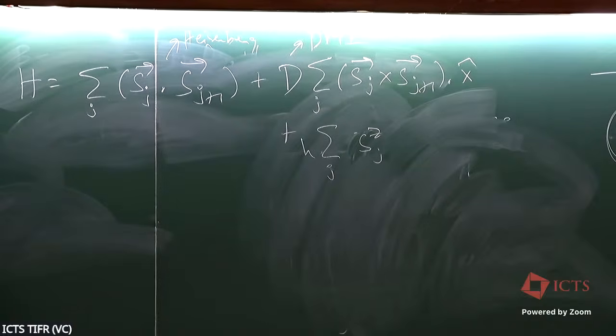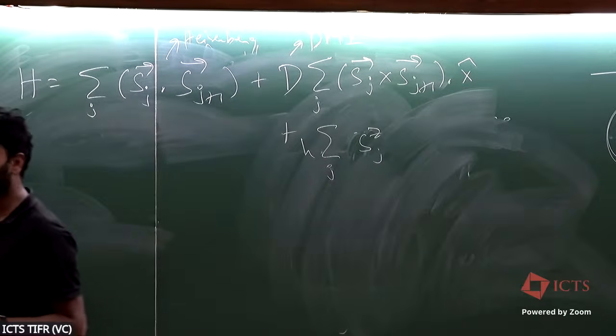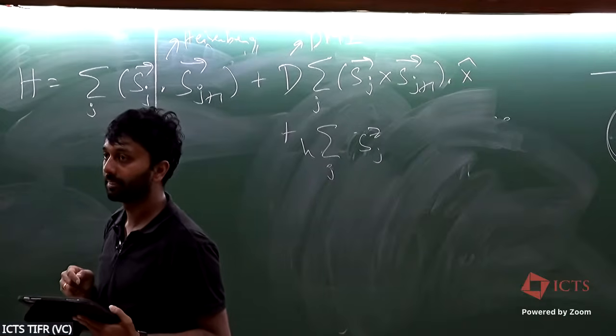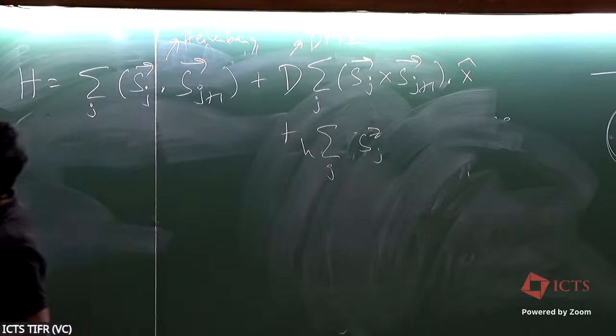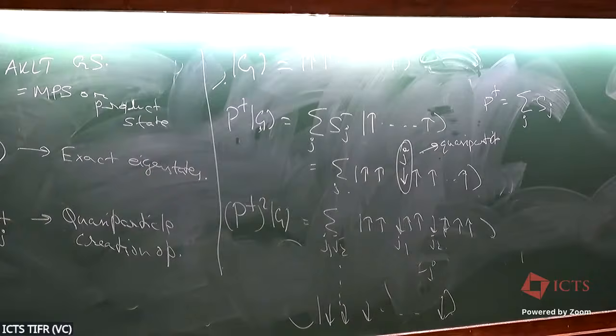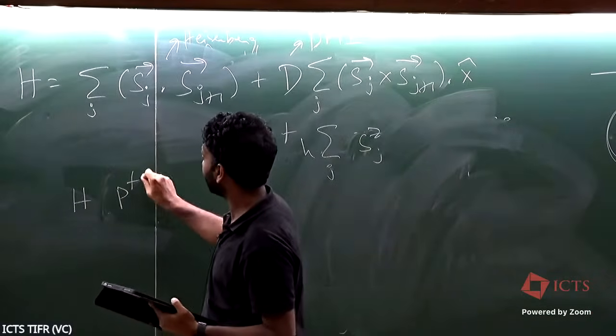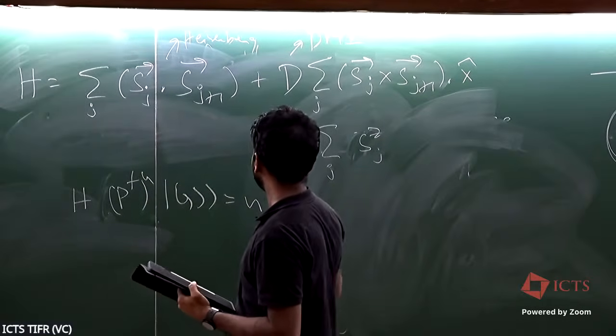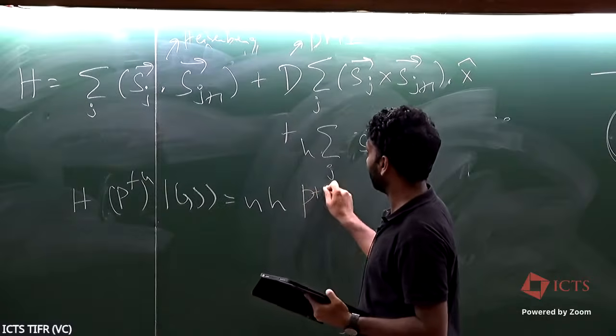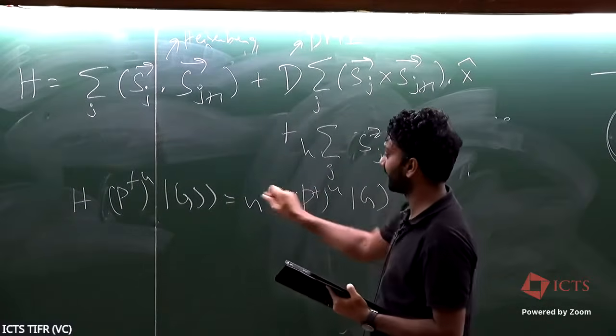So this is not a product state. It's like one quasi-particle which is moving around. My claim is that this Hamiltonian has all of these states as eigenstates. So H of P dagger to the N acting on G is just N times H of P dagger to the N acting on G. There is an N that appears here.